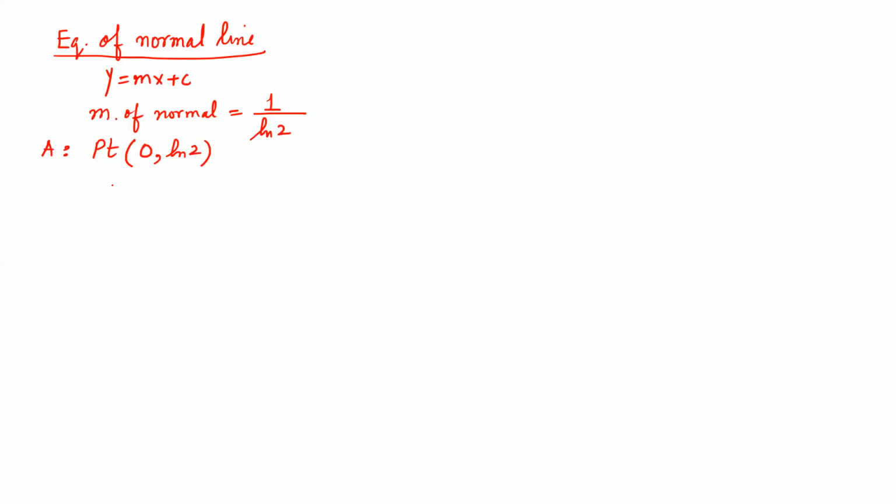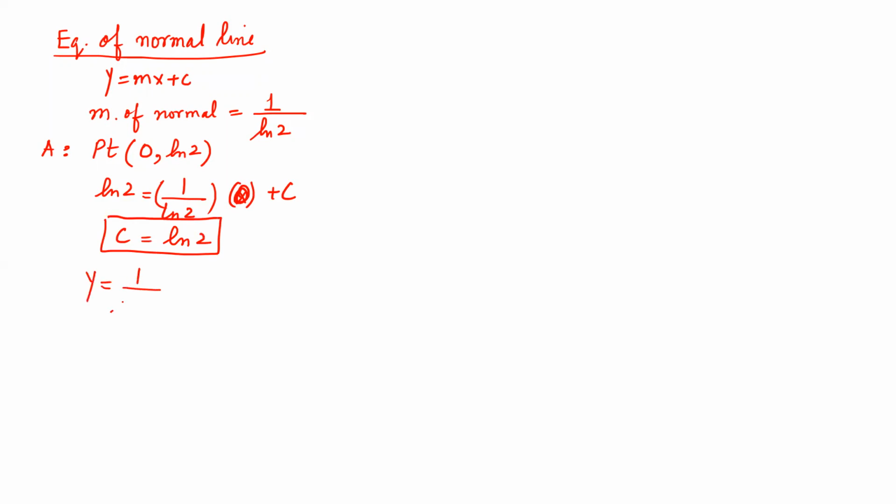So let's put in the values: y is equal to ln of 2 plus slope 1 by ln of 2 multiplied by x, where x is equal to 0, plus c. This gives us c equals natural log of 2. So my equation for the normal becomes y equals 1 by ln of 2 times x plus ln of 2.